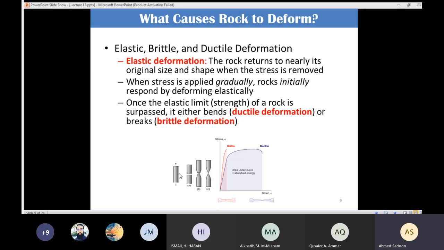It just fails all of a sudden. We call this brittle deformation or brittle behavior. A material could also show a sign like this one, which we call necking. It will show a sign before failure, and we are going to call this ductile deformation.